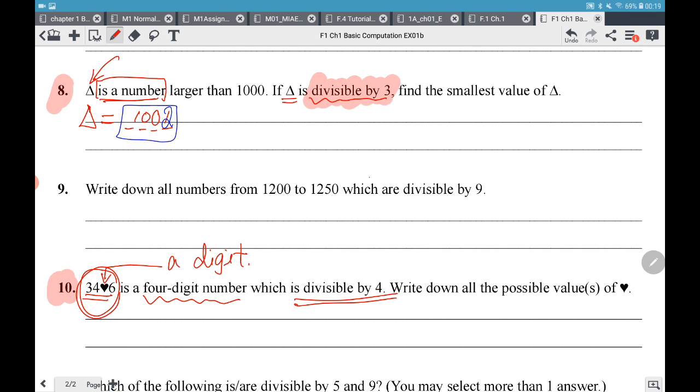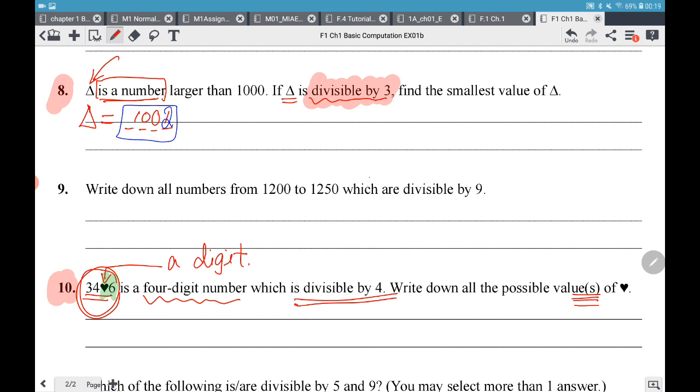As we understand, to check whether a number is divisible by 4, we just need to check the last 2 digits. Write down all the possible values. That means we can have more than one answer.